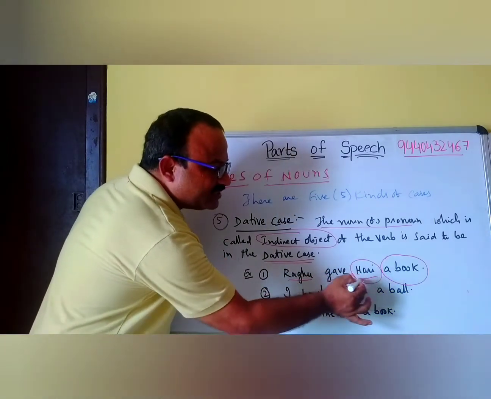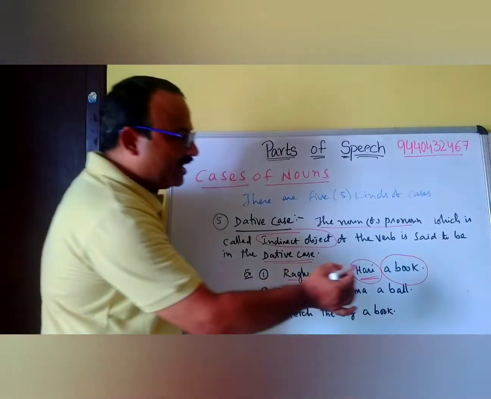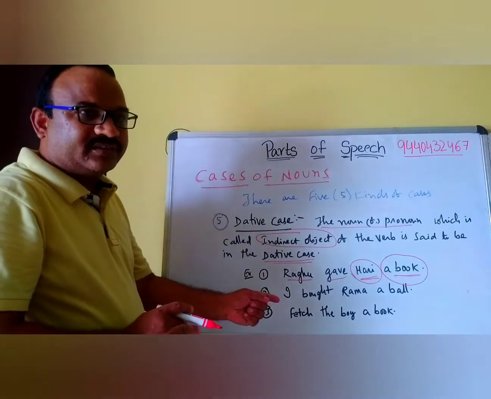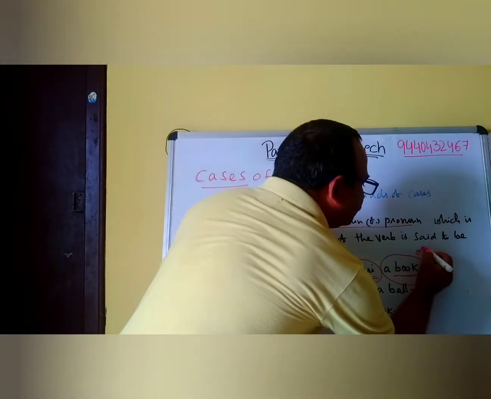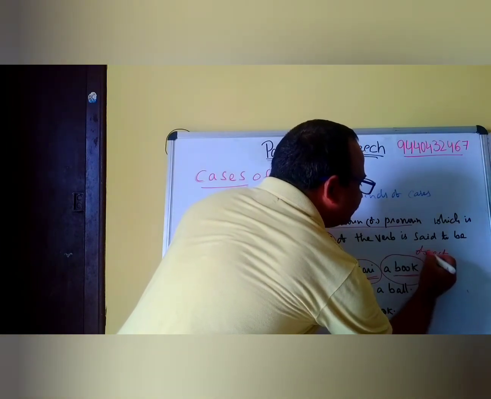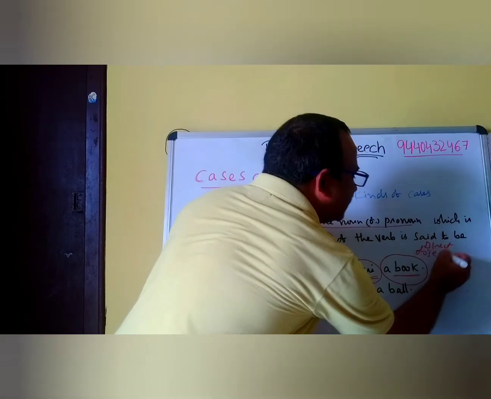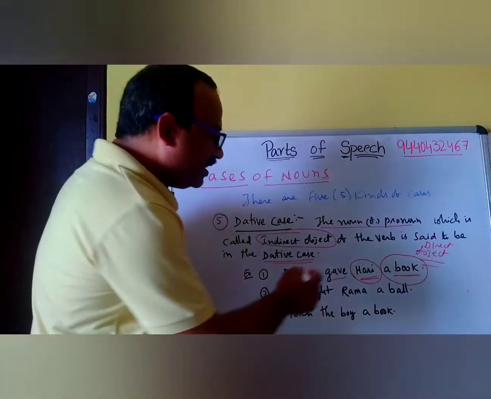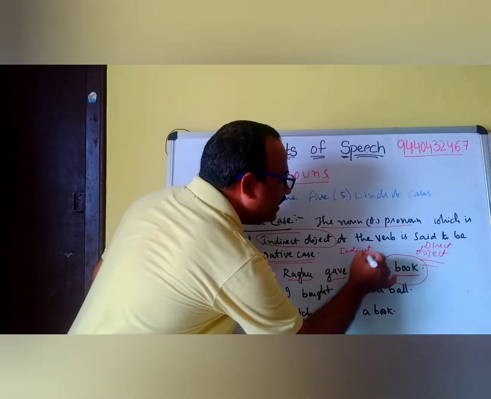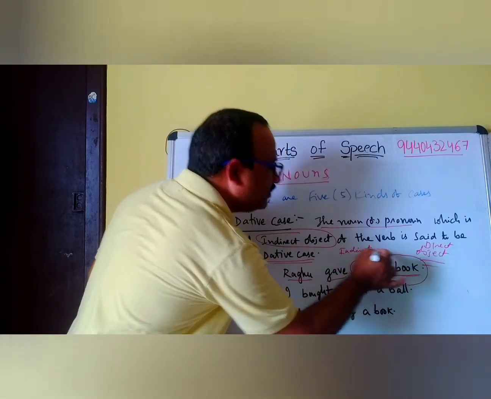Here two objects: one is Hari and another is a book. Here the direct object is a book. Hari is the indirect object.